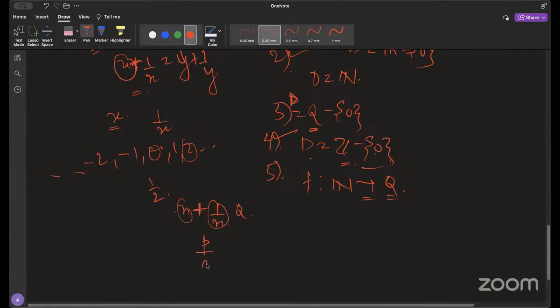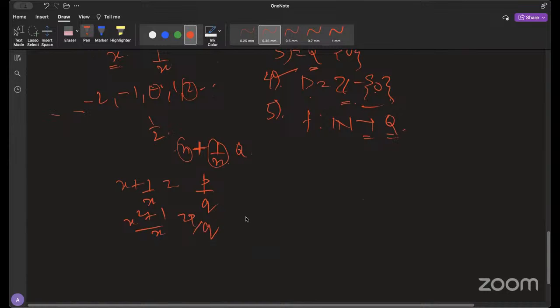okay, let's just have a p by q here. And then just see if we have an x such that x plus 1 by x is equal to p by q. So we'll have x squared plus 1 by x equals p by q. Right? Let's just try to see if we get a real solution for this. q is equal to px. And we'd want a real solution for every p, q belonging to integers, you can say, or for more clarity, you can say p belonging to integers and q belonging to natural numbers.